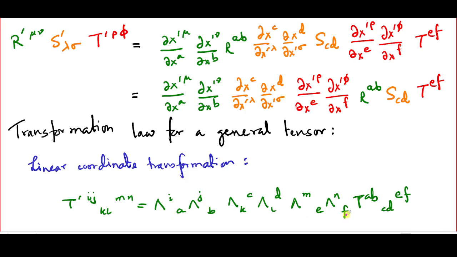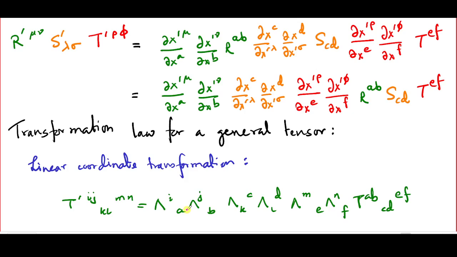And all of these 6 factors will multiply together to give a single coefficient for T_ABCDEF. Let me stress once again, this is really not one single equation, since ij, kl, mn can take d to the power 6 values in all, and this equation is valid for every one of them. This is really d to the power 6 equations written in one, and on the right hand side of each of these equations, you really have d to the power 6 terms, because the dummy indices A, B, C, D, E, F can take d values each.